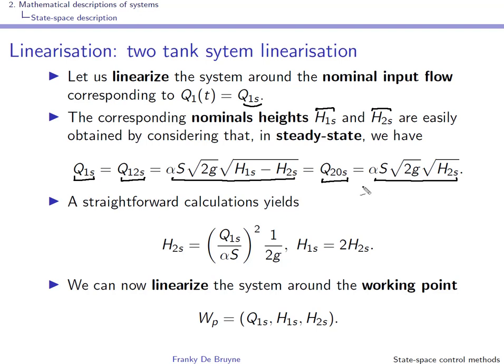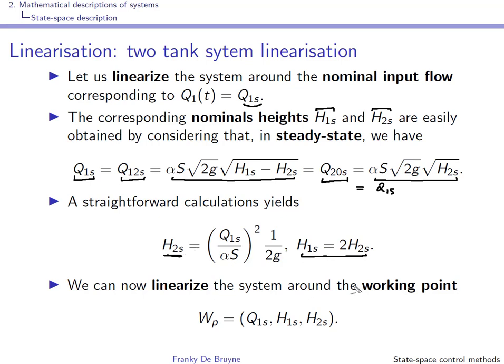Okay, so if we write that this is Q1S, you square things, you divide by alpha S, then you square, you divide by 2G, and you obtain the corresponding nominal height H2S. And you can do something similar, it's not that difficult, and you will see that H1S is simply 2 times H2S.